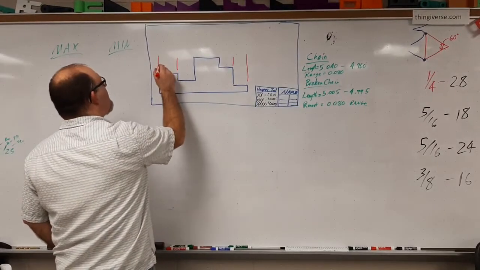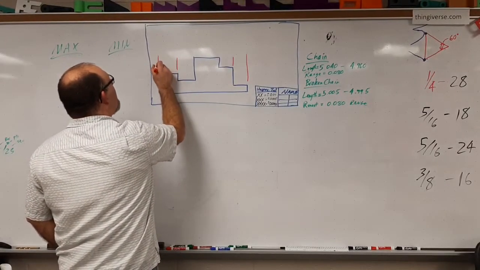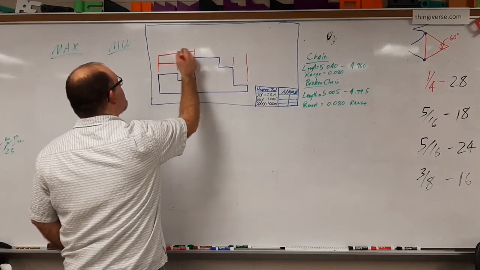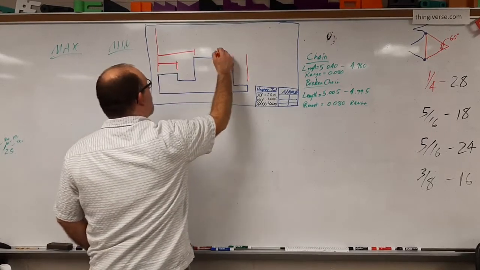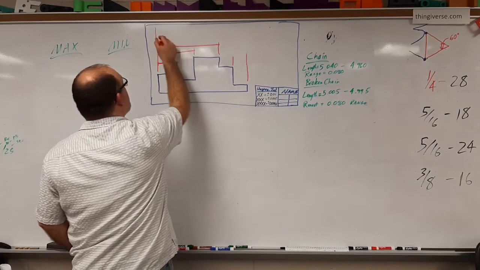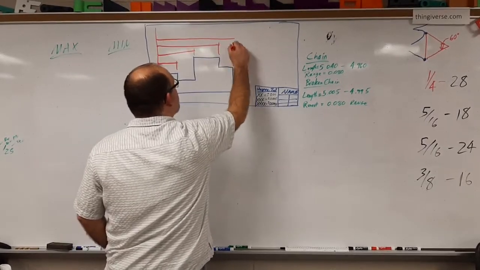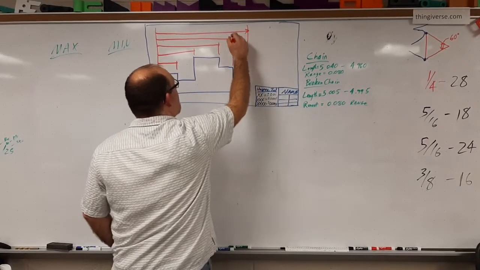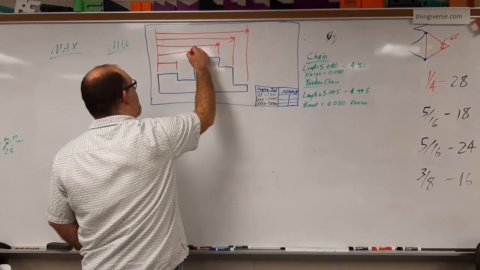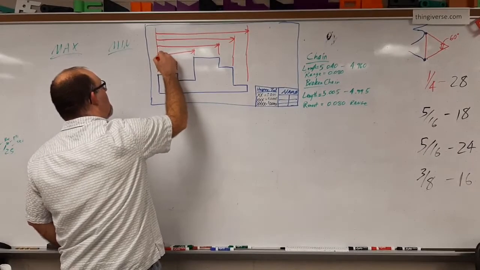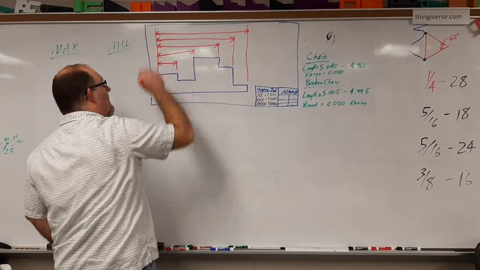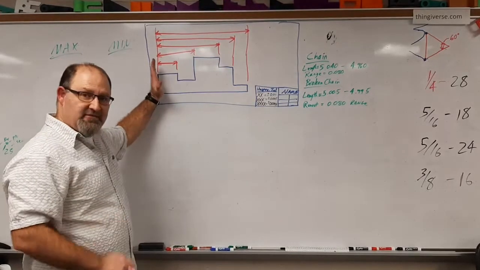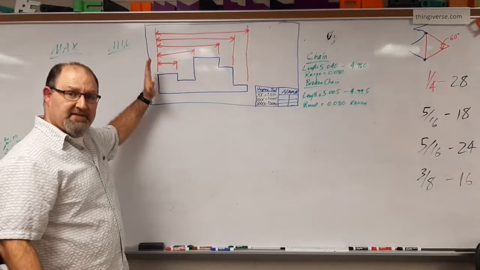So what that would look like would be, here's 1, and here's 2, and here's 3, and here's 4, and here's 5. And of course, you have your arrows on there like that. In this particular style of dimensioning, this edge becomes what's called the datum or the reference edge.